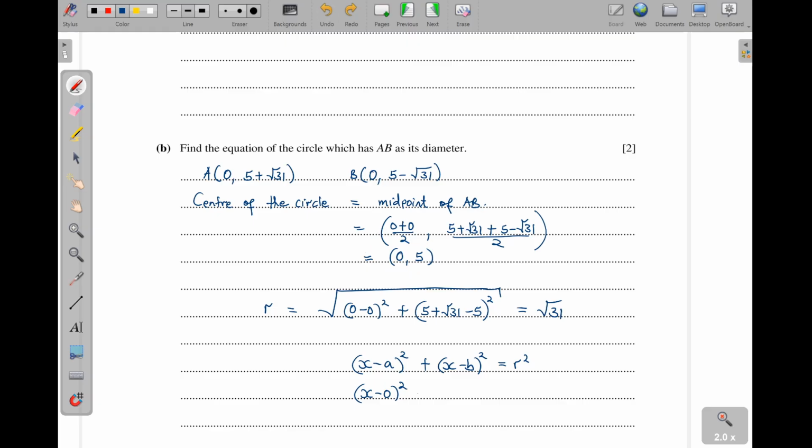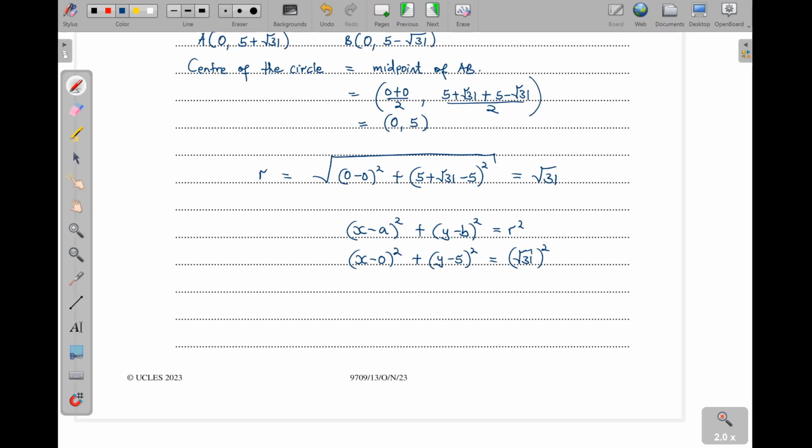By the way, this one here is y. So we shall have (y minus 5) squared, which is equal to the radius, root of 31, squared. When we square it, that square root goes away, and the equation of the circle becomes x squared plus (y minus 5) squared equals 31.